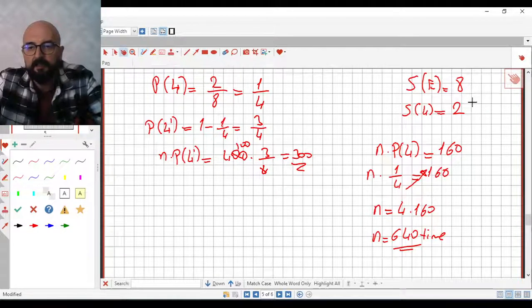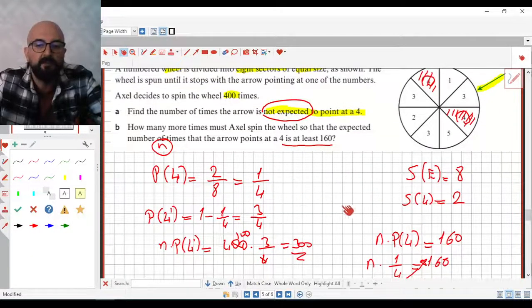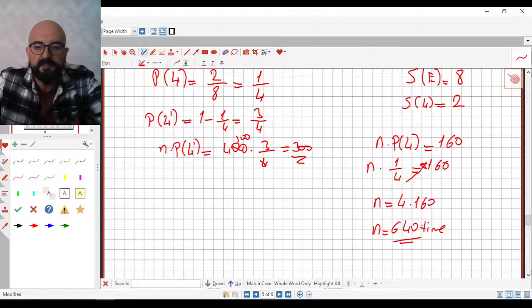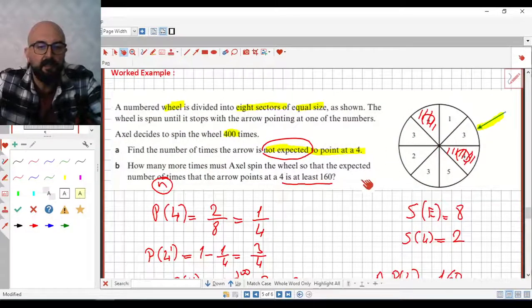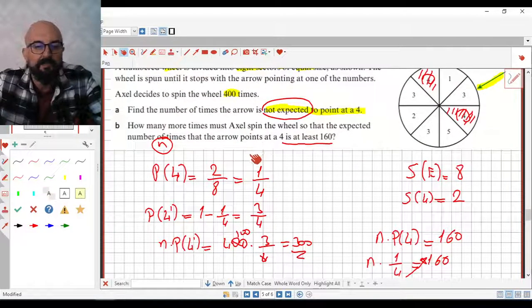If Axel spins the wheel 640 times, he expects at least 160 times obtaining the 4 sector.